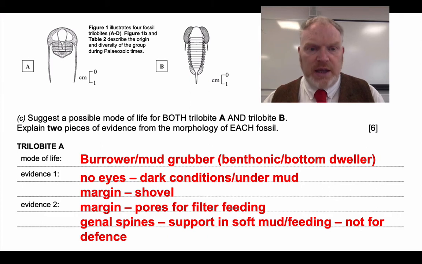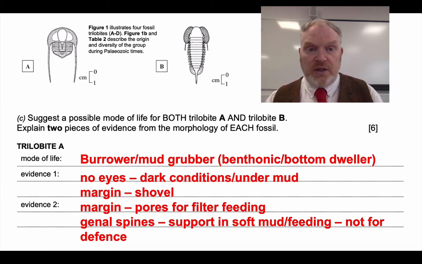Notice, just to explain these bits of evidence, not just state them. Make sure you're answering the question carefully here. It's got this margin around the cephalon that was possibly used as a shovel. Also, the pores around that margin may have been used for filter feeding, or may have been used for sensory purposes.